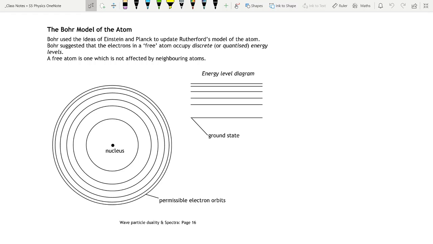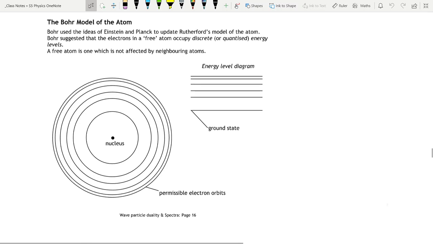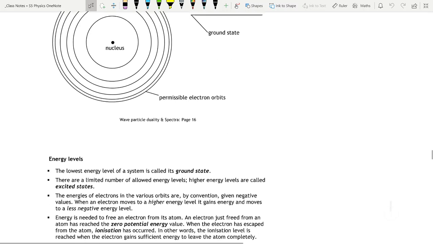Bohr used the ideas of Einstein and Planck to update Rutherford's model of the atom, which just had electrons orbiting. Bohr suggested that the electrons in a free atom occupy discrete, or quantized, energy levels. A free atom is one which is not affected by its neighbouring atoms.